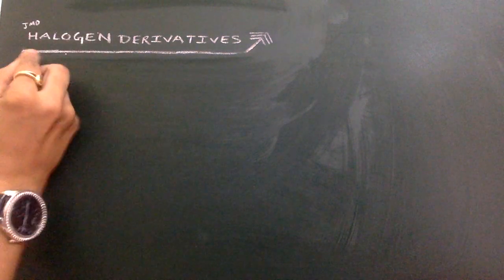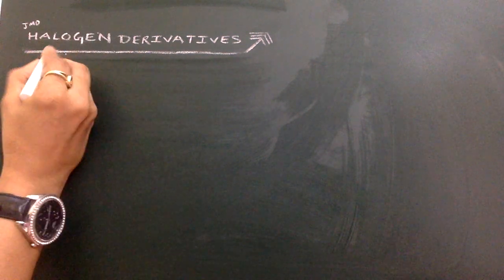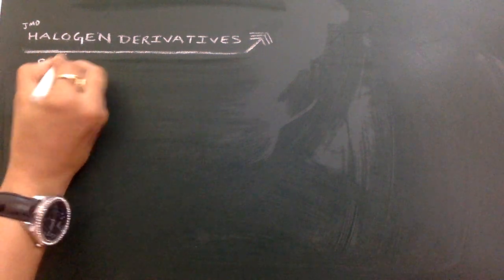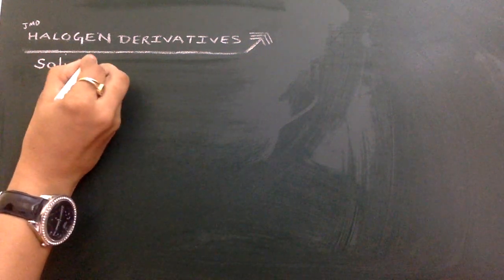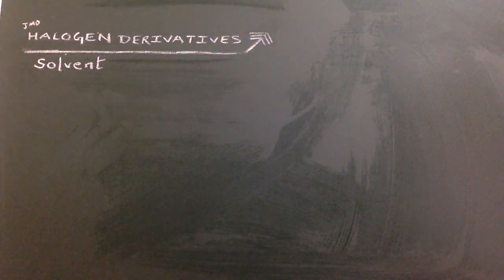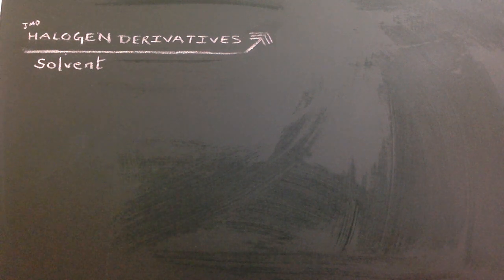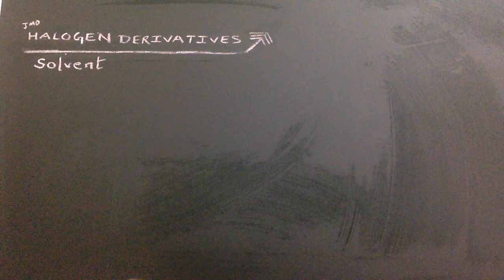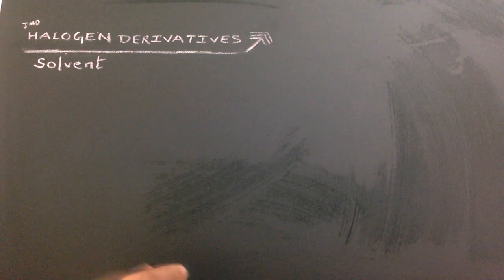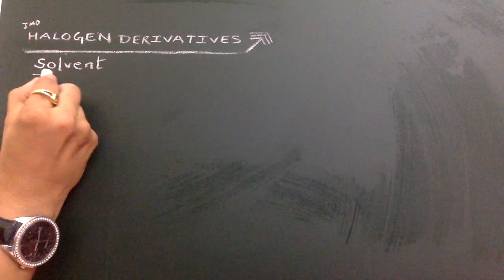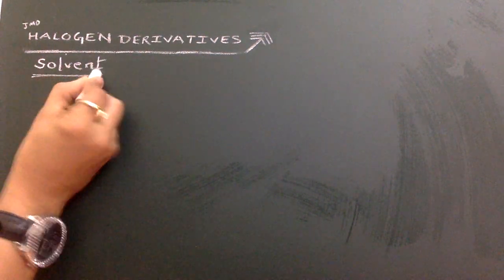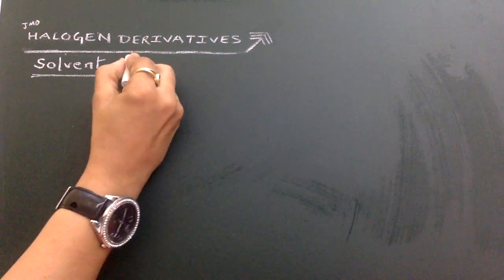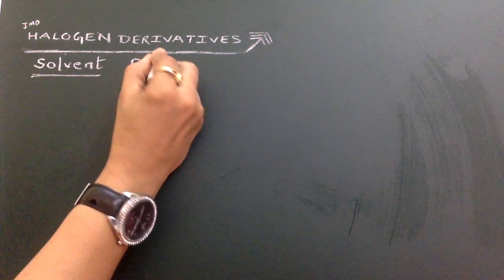Students, we want to understand how a solvent plays a role in deciding substitution and elimination. Solvents play a major role in the type of reaction that will take place, and solvents are of three types.